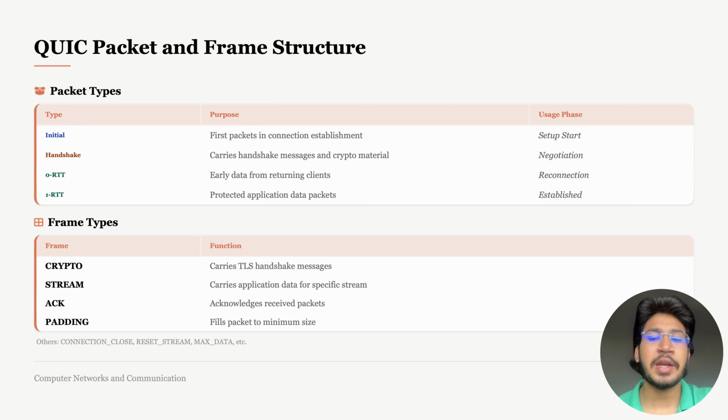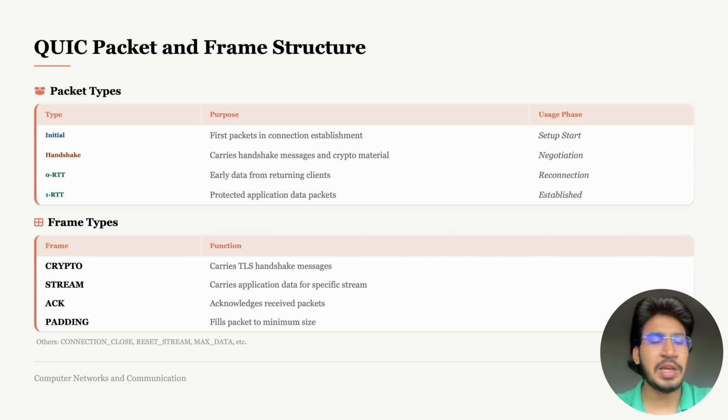Inside these packets, QUIC has different frames, like crypto, stream, acknowledgement, and padding. Crypto frames are used during the handshake, and stream frames carry application data from one place to another. Acknowledgement frames confirm the receipt of data.